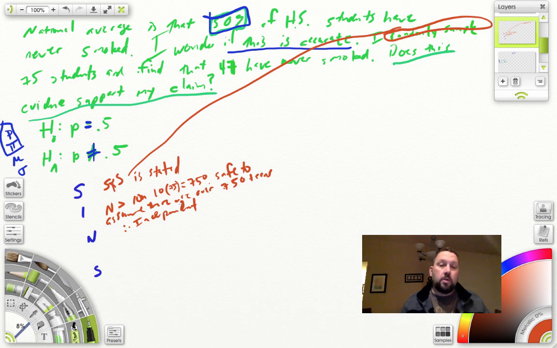So capital N is greater than 10n: 10 times 75 is 750. Safe to assume there are over 750 teens, therefore independent. You need to write that all down. You cannot just skip steps and write any less than what I'm writing.